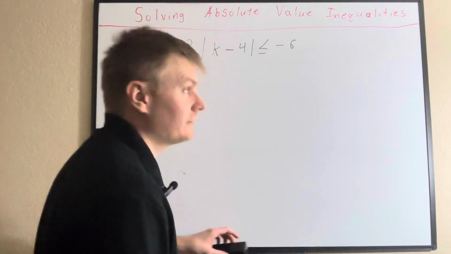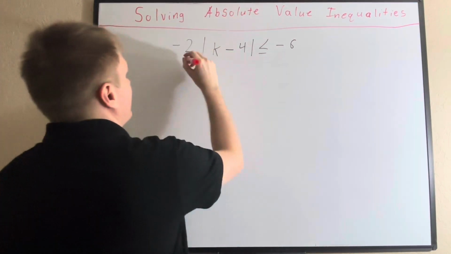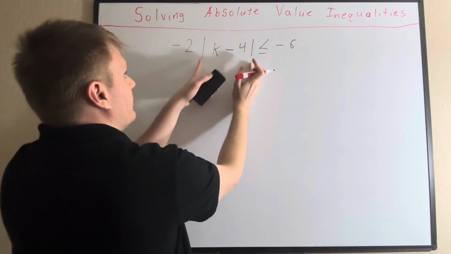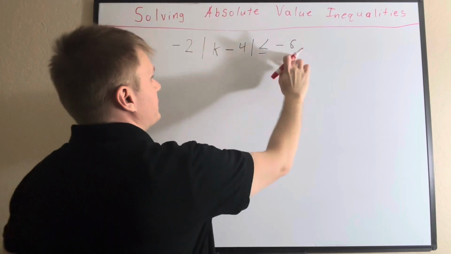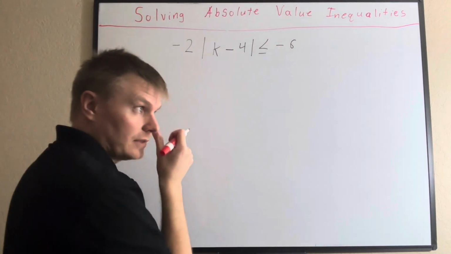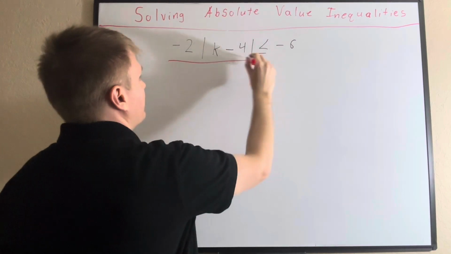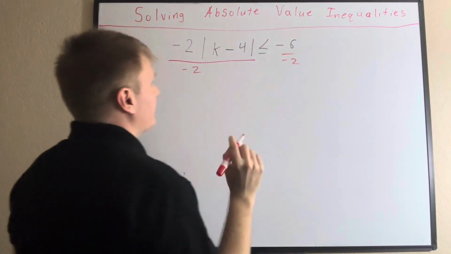All right, one more example that's a little different from the rest. -2 times the absolute value of k minus 4 is less than or equal to -6. That's how you read that. So what do we do first? We got to get rid of the -2 first. We're not splitting it up yet.